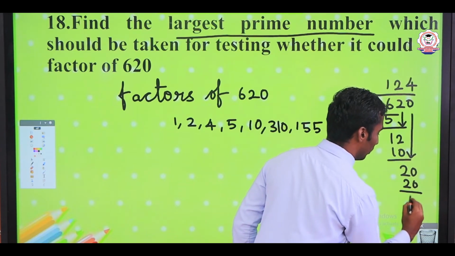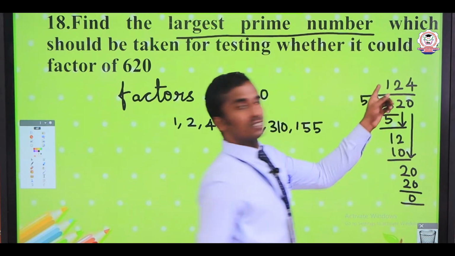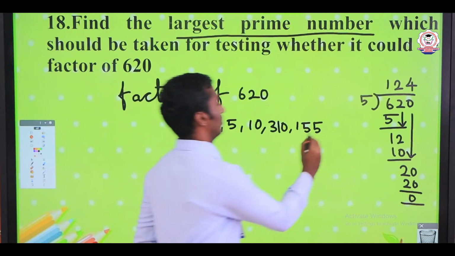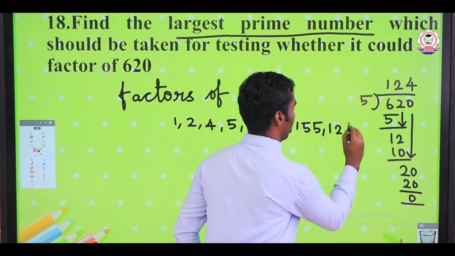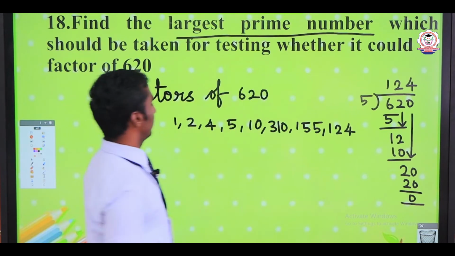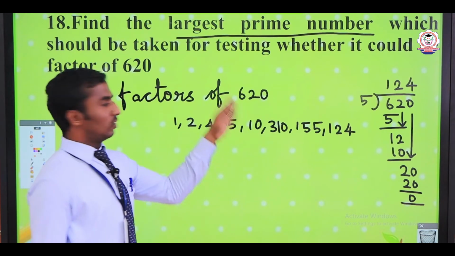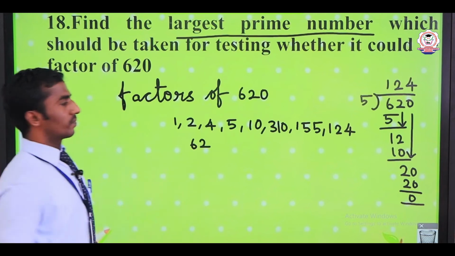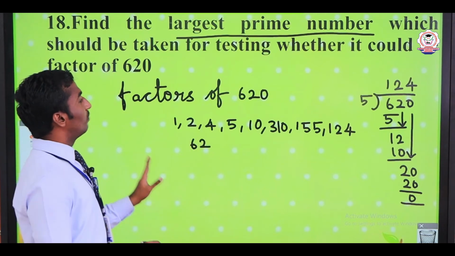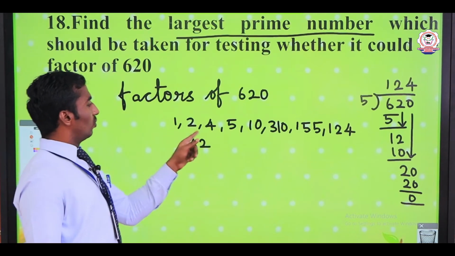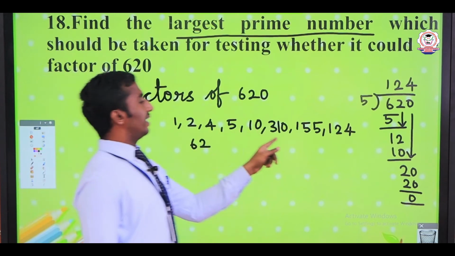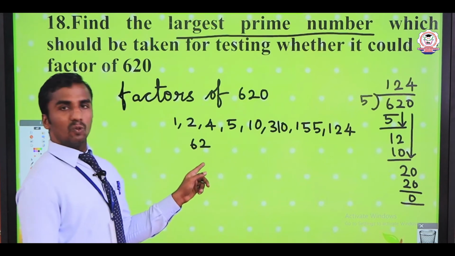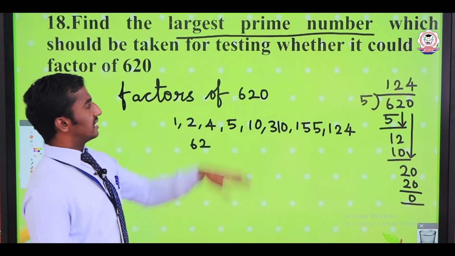So the quotient is 124, and 124 is a factor of 620. And the next, 10: 10 into 62 gives 620. So these are the factors of 620: 1, 2, 4, 5, 10, 310, 155, 124, 62.